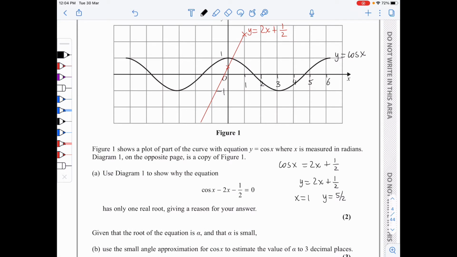So that will give me the second mark. So only one point of intersection. Hence, only one real root.